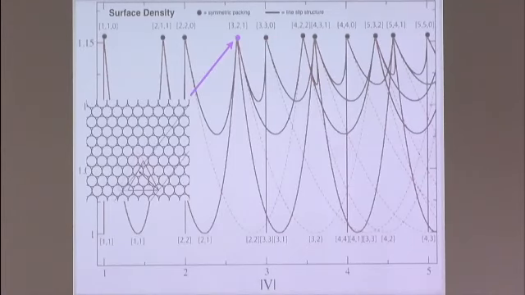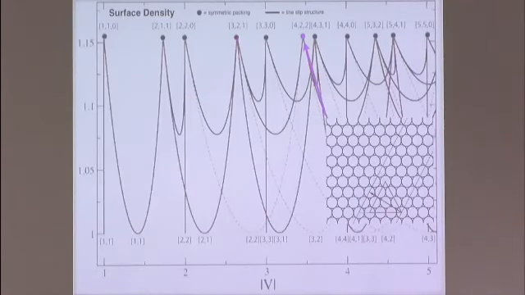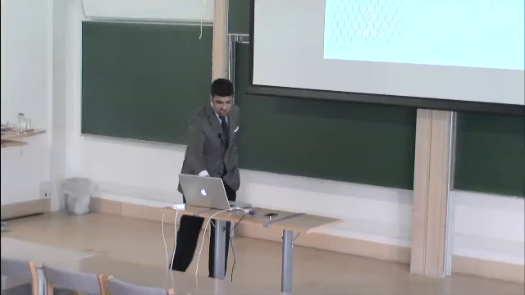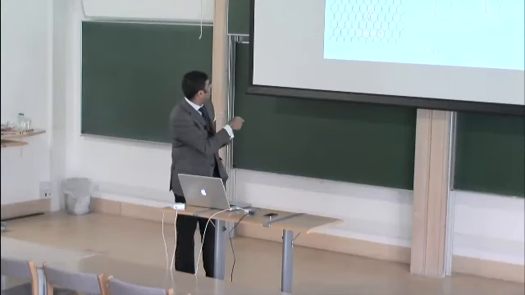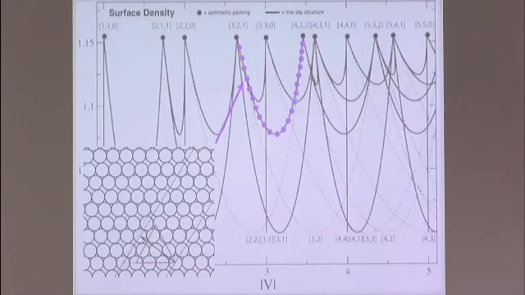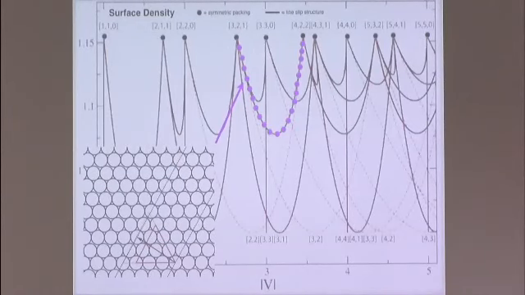So, for example, 3, 2, 1 is this arrangement. Then I'm connected to 3, 2, 1 by a line slip, and I go to 4, 2, 2, again another symmetric structure, but in between I follow this curve, which corresponds to a particular line slip that takes me from 3, 2, 1 to 4, 2, 2.